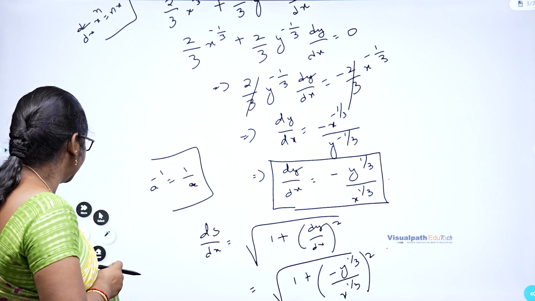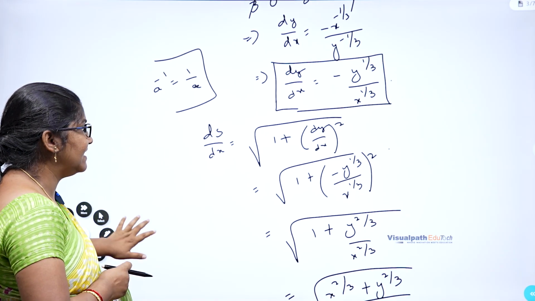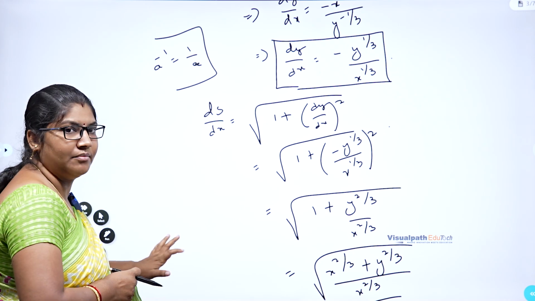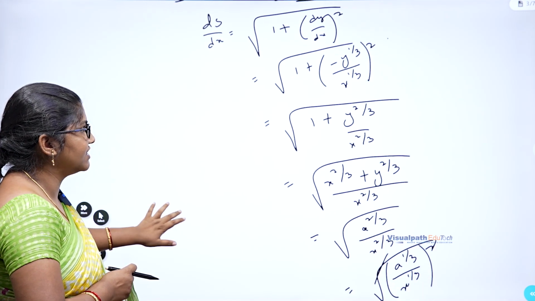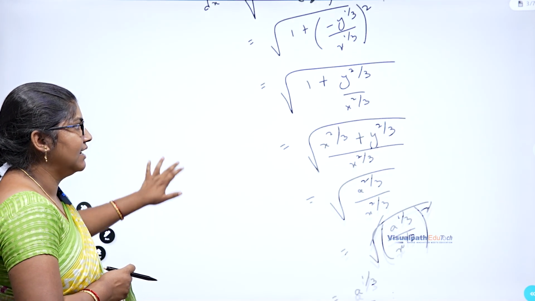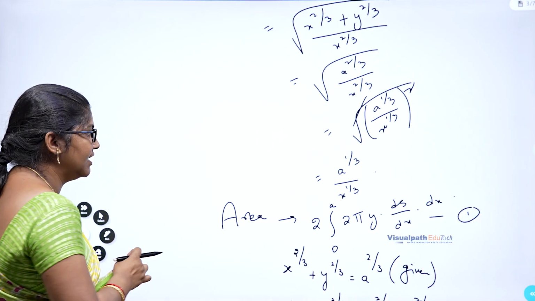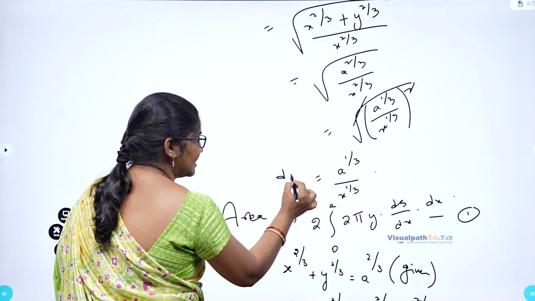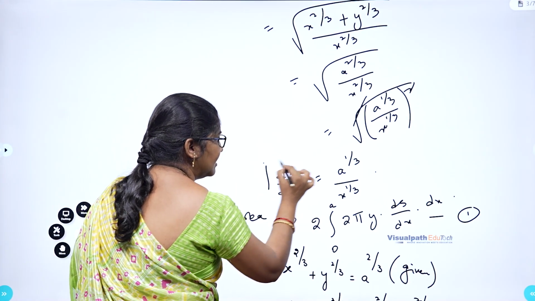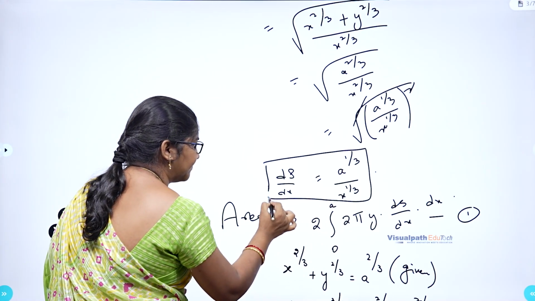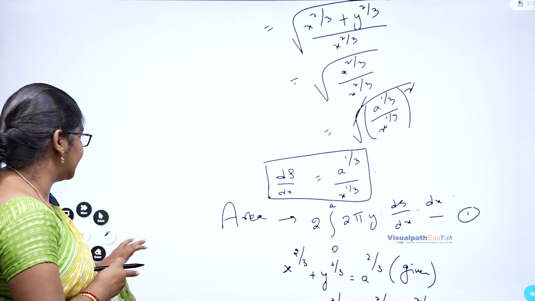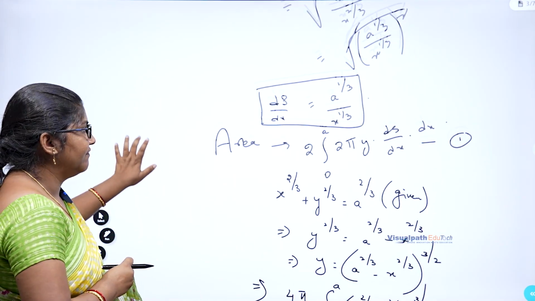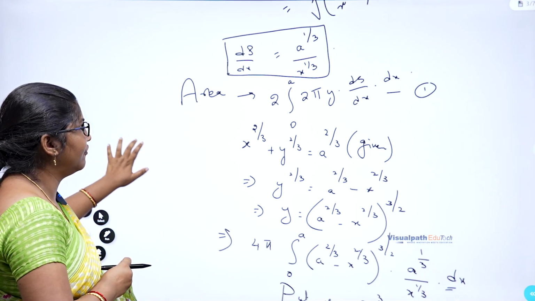After that, ds by dx also we have a formula. For ds by dx, we substituted dy by dx. After simplification, here we got ds by dx. After finding ds by dx, we substituted in the area formula.